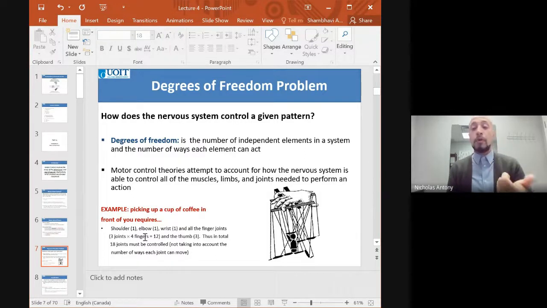When we're talking about the degrees of freedom problem with motor control theories, we're talking about using the theory to develop an idea on how we're able to control so many independent elements all at once. And so if we think of how many independent elements or how many degrees of freedom are in our bodies when completing a motor skill, let's look at all the different joints.